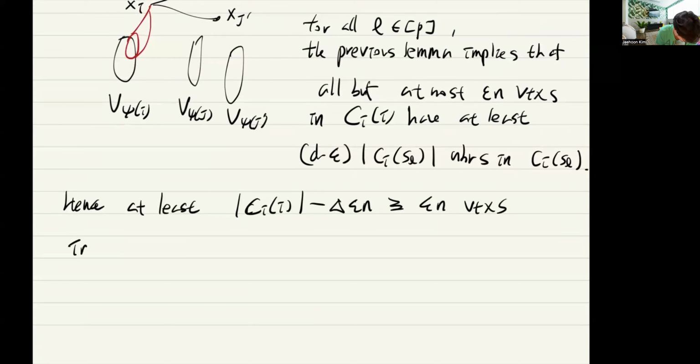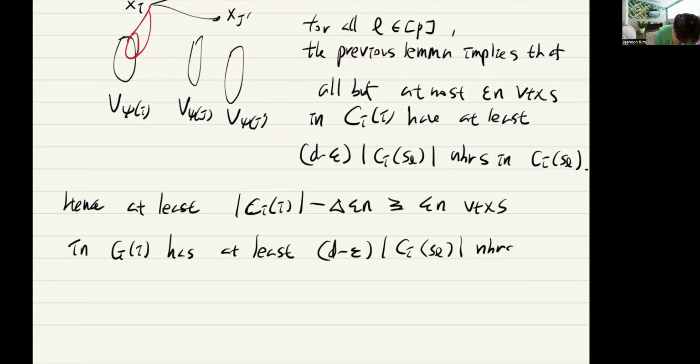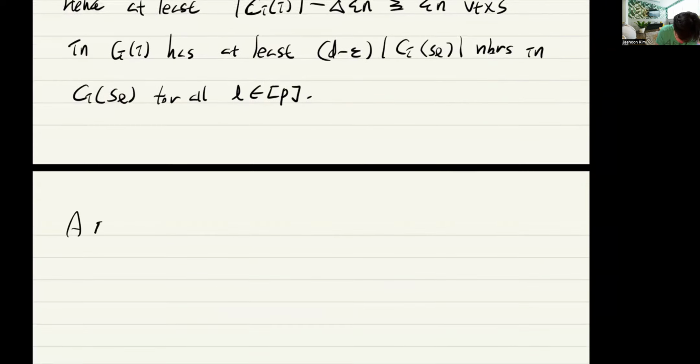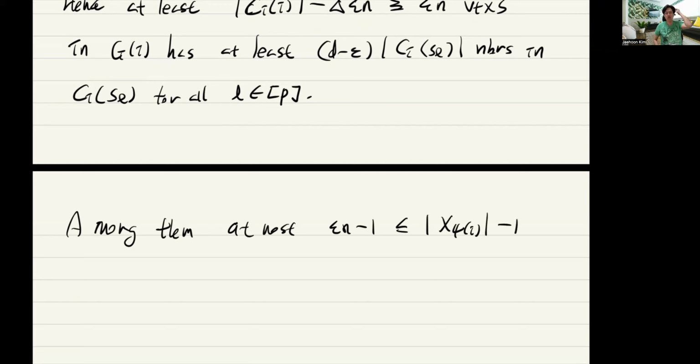This many vertices in C_i of i have at least d minus epsilon times C_i of SL neighbors in each candidate set for all L. Also among them, at most epsilon n minus 1, which is the size of the number of vertices in X sub psi i, are already embedded.